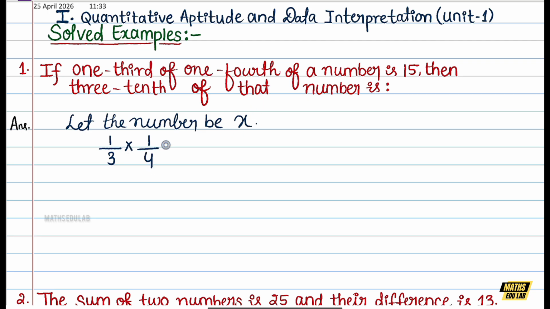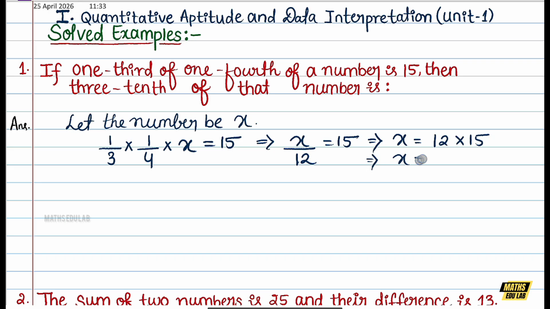So of the number, which is our x value, will be equal to 15. On multiplying we get x upon 12 equals 15, and we get the value of x by multiplying 12 into 15, which gives x equals 180.